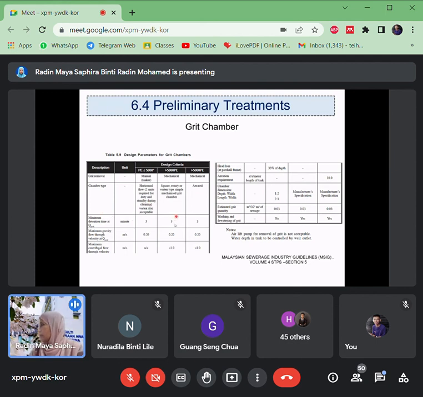Okay, this is the chamber type, and you can see the minimum detention time, masa tahanan dia, maximum gravity flow, and also the centrifugal, and this is the chamber dimension, depth and width. All of these criteria are actually stated in the Malaysian Sewerage Industry Guidelines, MSIG Volume 4 section.